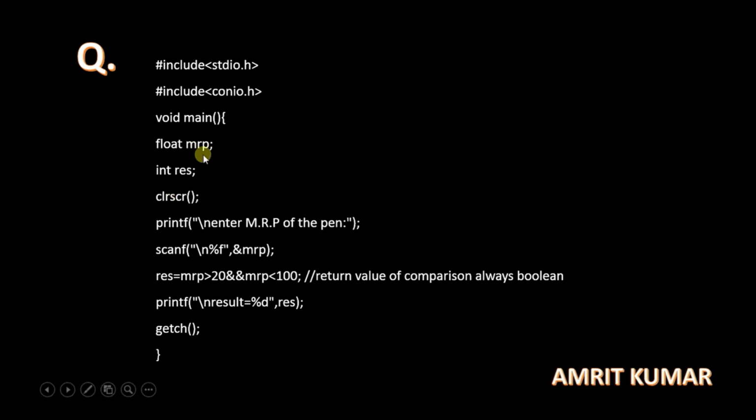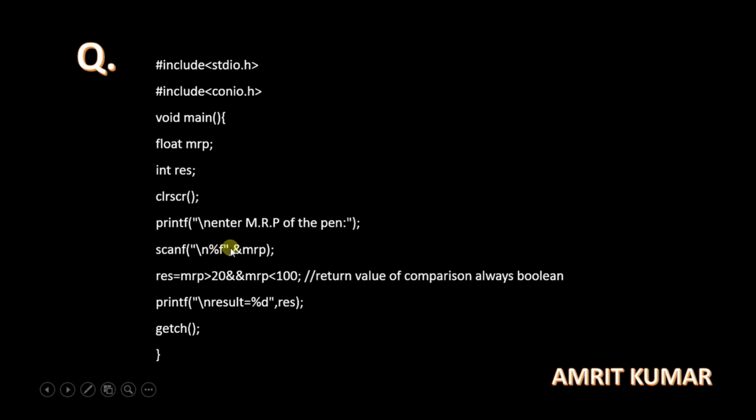Then after that I have used the MRP variable of float data type, and also the res variable of integer data type, and the clrscr function whose work is to clear the screen. Finally, I have used the printf function that is going to print the message to enter MRP of the pen on the screen, and the scanf function, so the MRP value is going to be read in the specified format, because this function helps us accept a value from the keyboard.